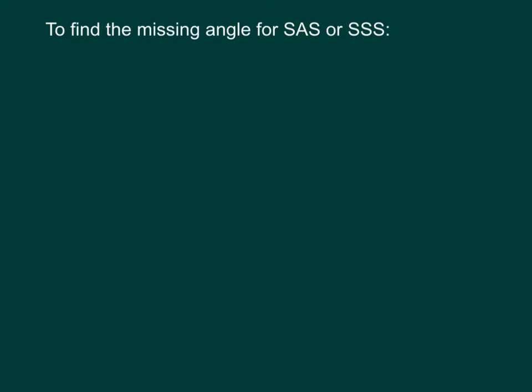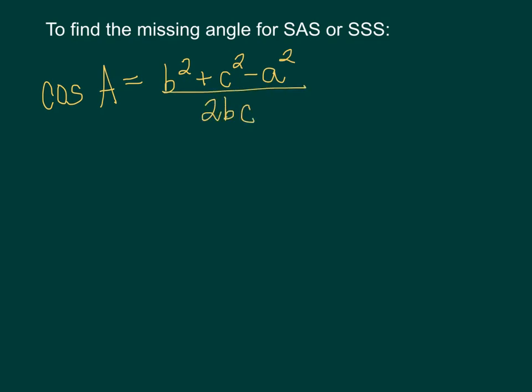Now there is another option to help you find the missing angle for a side angle side or side side side. You can use one of these formulas. So if you need angle A, you can use this one. If you need angle B, and just make sure to find angle A, you do cosine inverse of your answer.